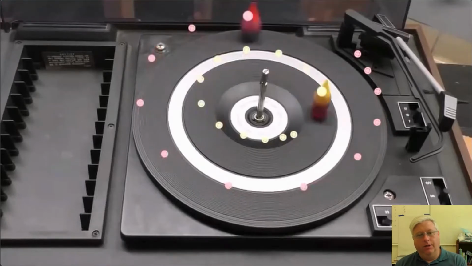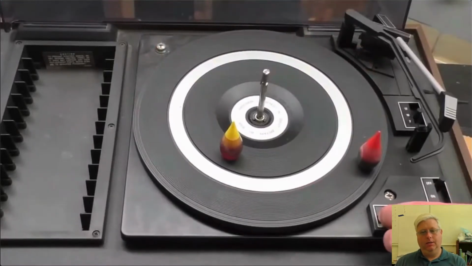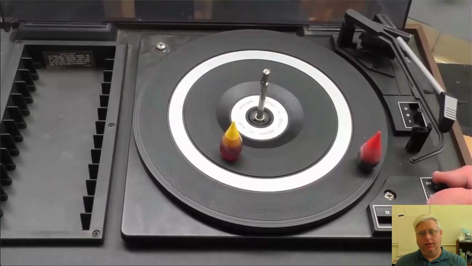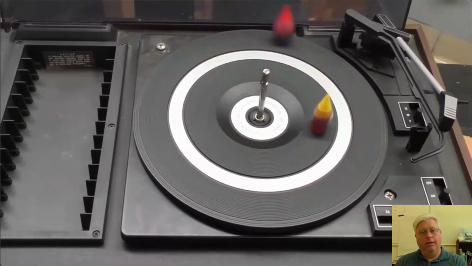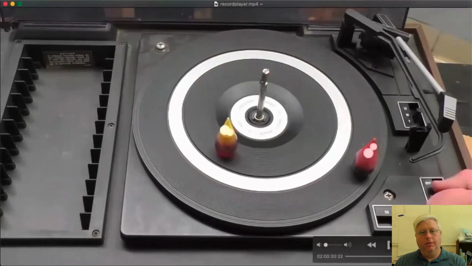Okay, and I'll show you. We'll do a couple more speeds here. And so right now there's a force. There's actually more than one force that's causing the object to move in a circle. It's the fact that this record player is actually spinning.